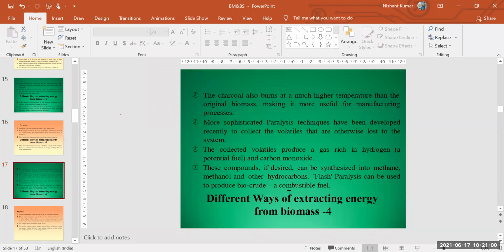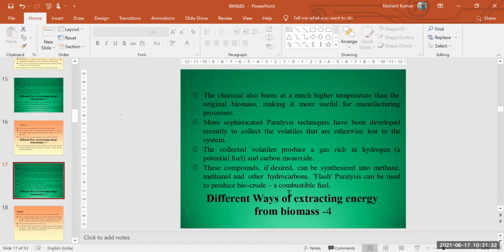Now, the charcoal also burns at a much higher temperature than the original biomass, making it more useful for manufacturing processes, right? More sophisticated pyrolysis techniques have been developed recently to collect the volatiles that are otherwise lost to the system. The collected volatiles produce a gas rich in hydrogen, a potential fuel, and carbon monoxide.